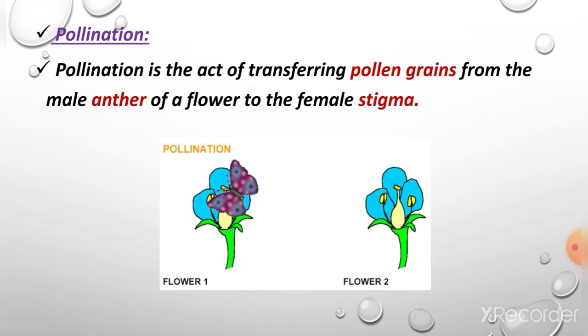So pollination means transferring pollen grains from the male part of the flower, the anther, to the female part of the flower, the stigma.